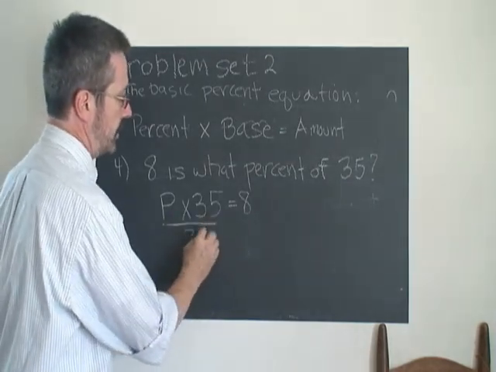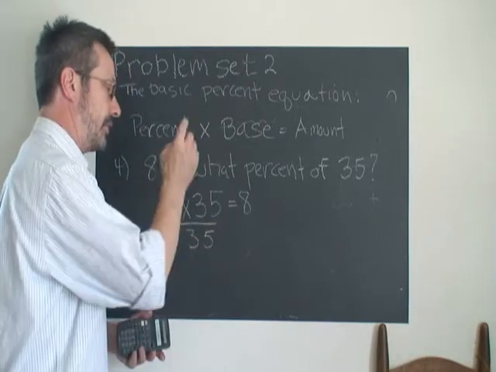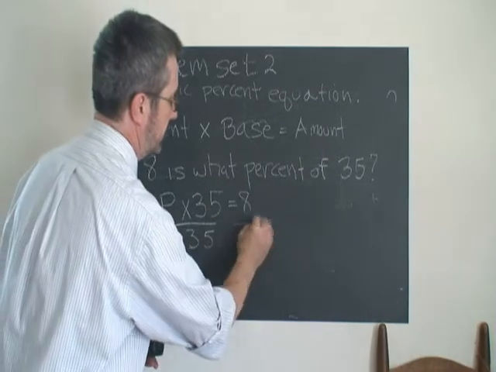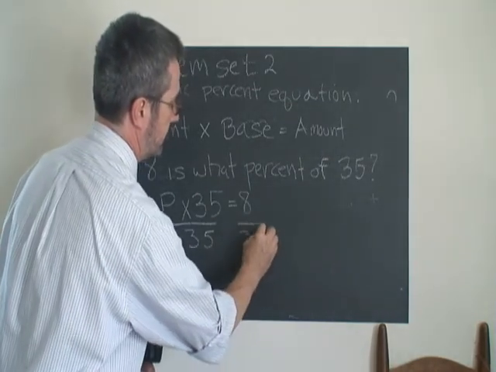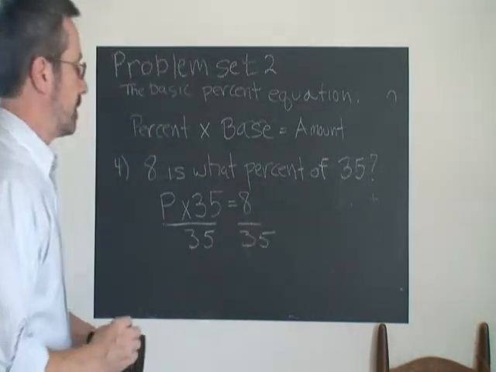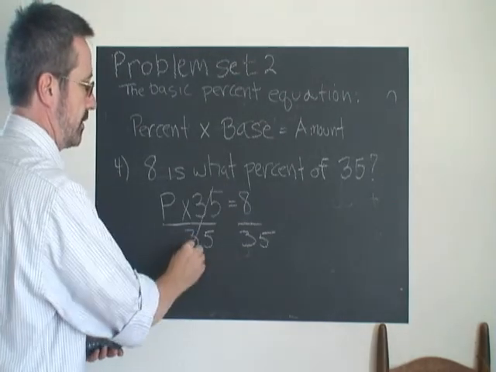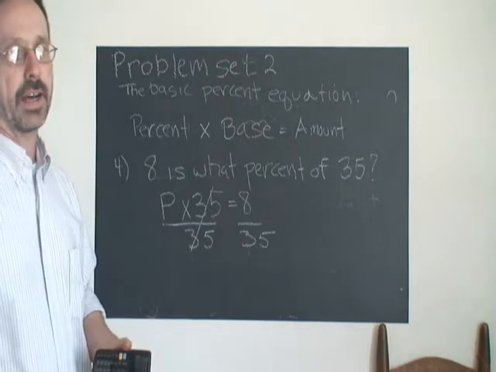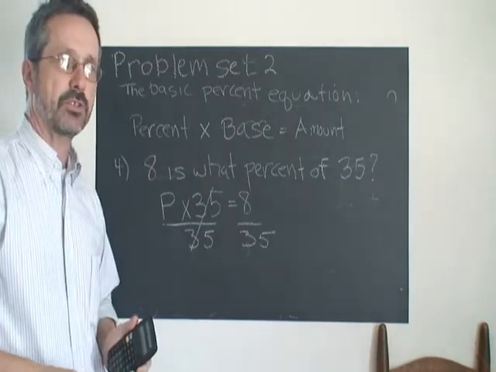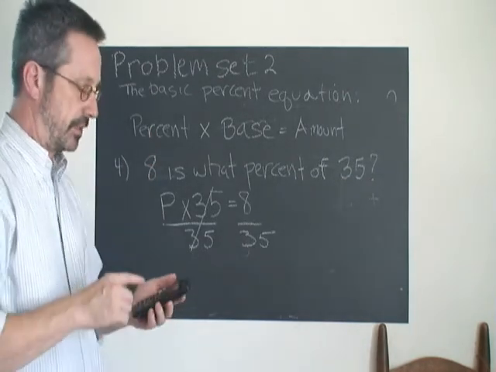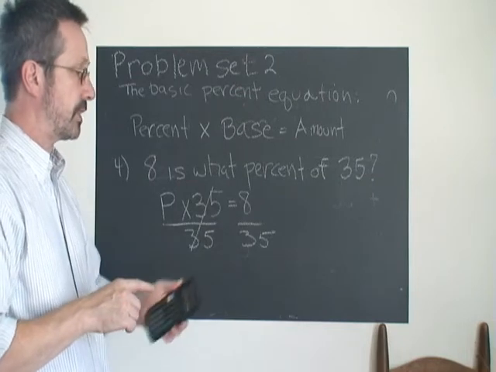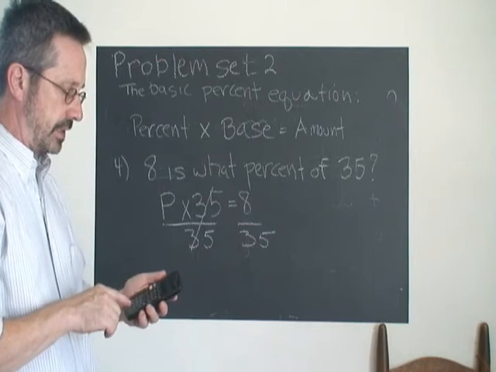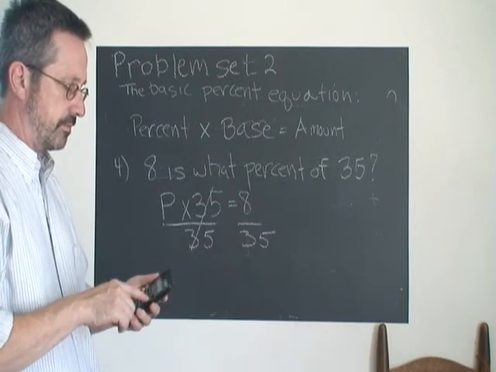And of course, our rule again: if we divide on this side by 35, we must divide on the other side by 35. Alright, so on the left here we get P, and on the right we get 8 over 35, which I'm going to trot out my calculator for. That's not actually a very difficult long division problem, but since I have my calculator, I am going to use it.